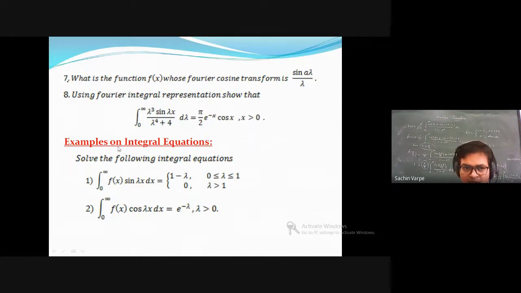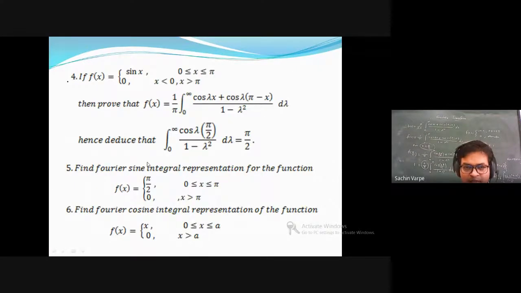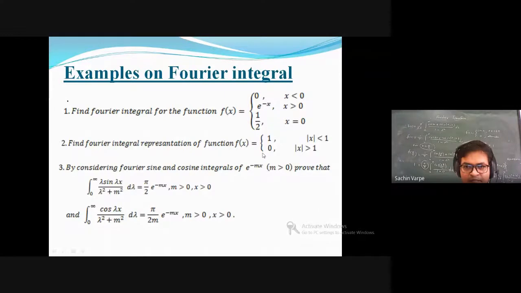The last topic, that is examples on Fourier integral equations, we'll discuss in the next lecture. We'll stop here today. But remember, you have to solve all these examples we have left. In question number 3, I've given the homework as a sine integral.